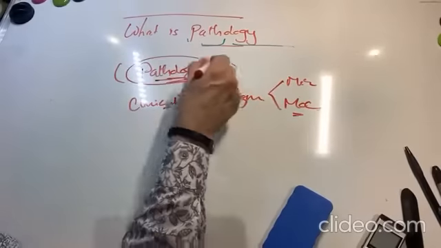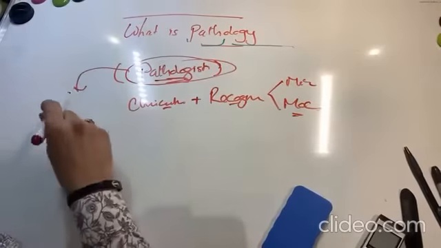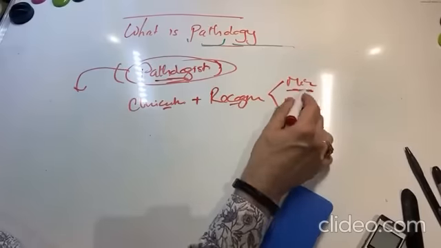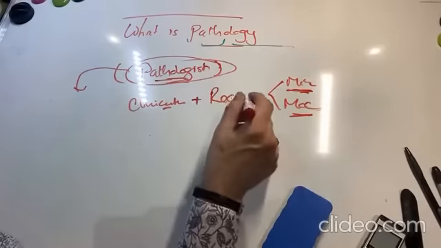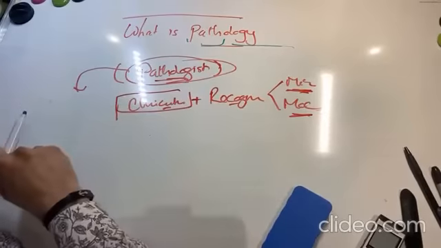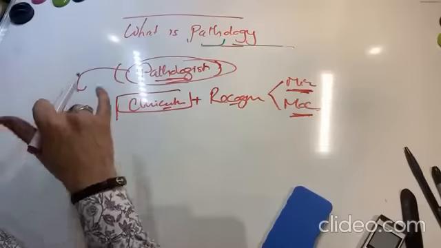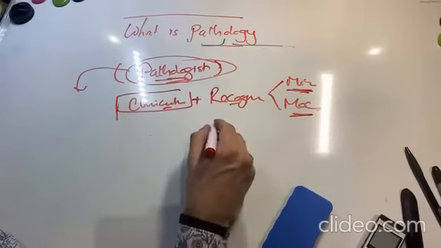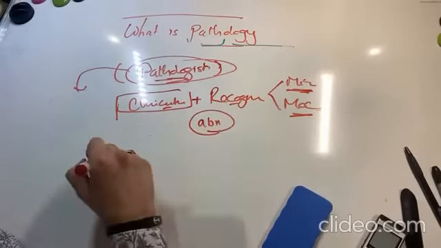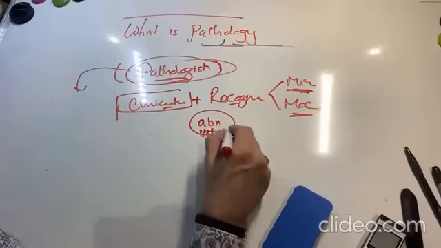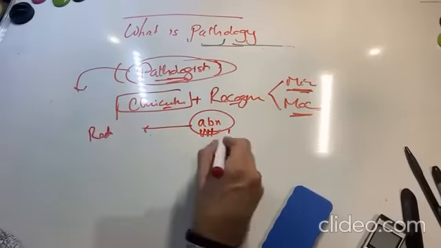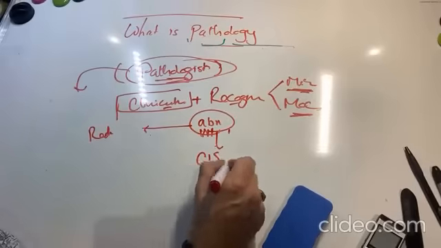So a pathologist should have a very strong clinical background in order to correlate what he can see under the microscope or by naked eye to the clinical background. An example: if you are a pathologist and you see abnormal, atypical cells within the urine, and the clinical background is red patches, this will be CIS.